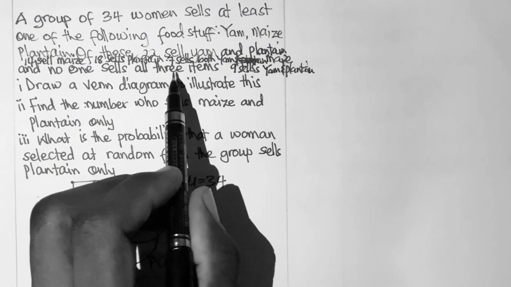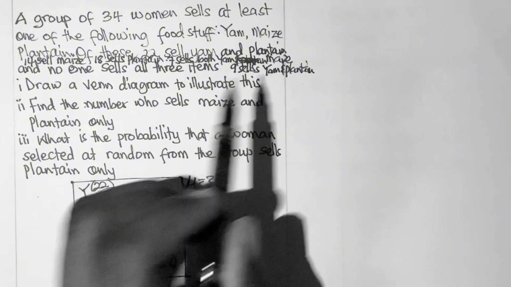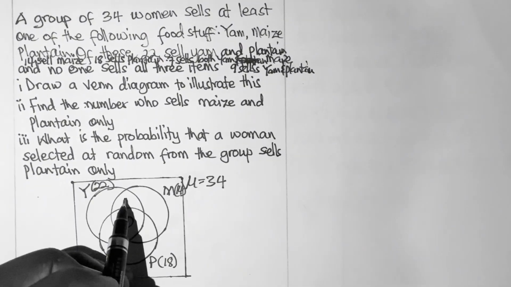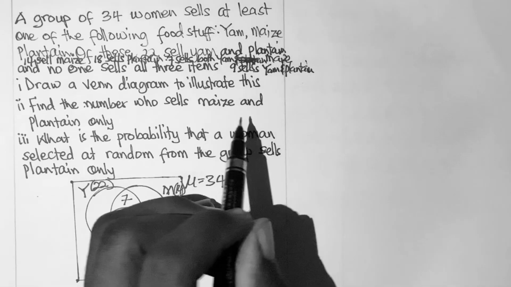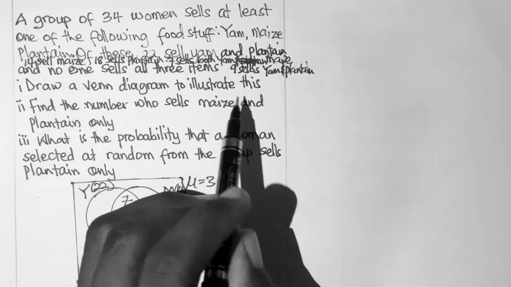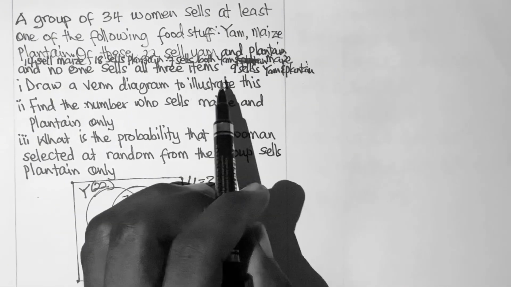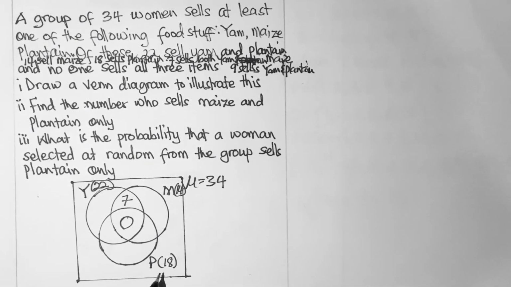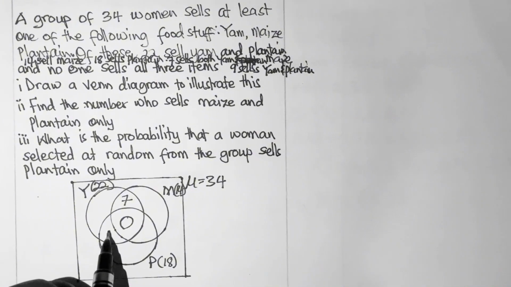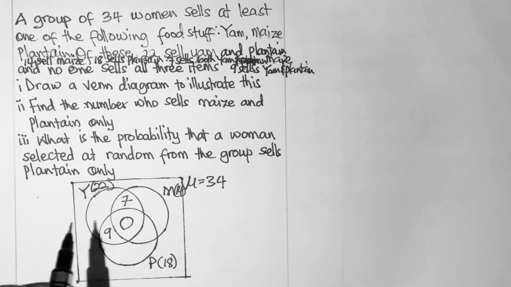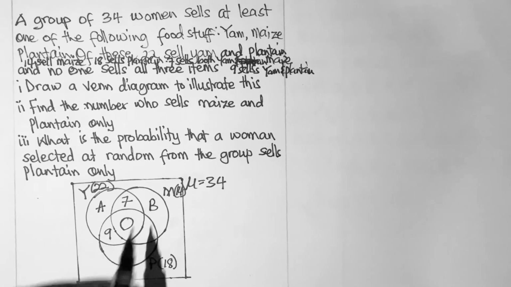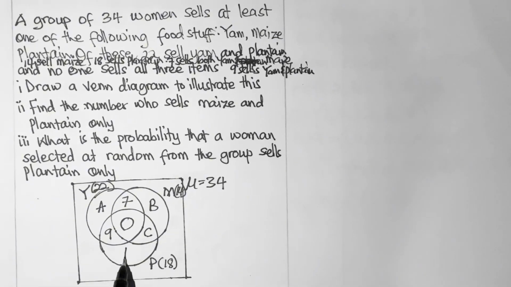Then he says that 7 sell both yam and maize, so here's yam and maize, it is 7. And then he also says that 9 sell yam and plantain, so here is supposed to be 9. Let's represent the regions by capital A, capital B, capital C, and then capital D.